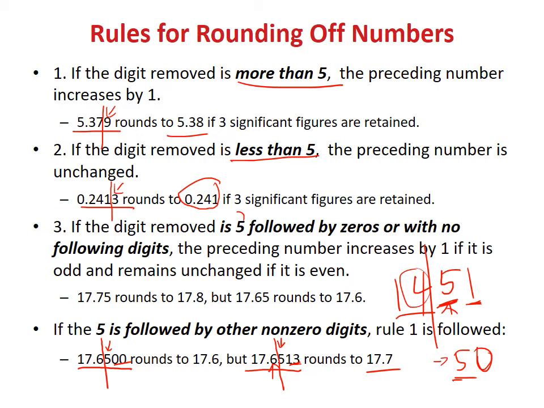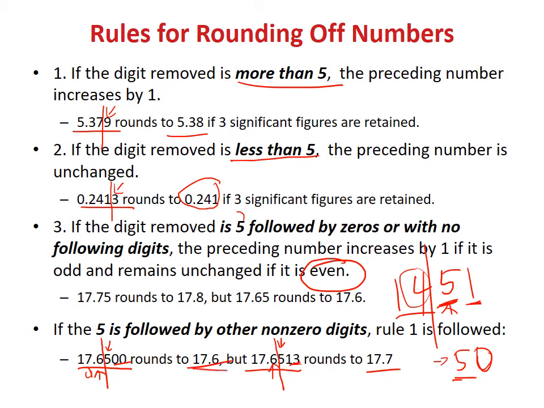At this point, you have to look at the number before 5. Because the number before 5 is 6, and 6 is an even number, the number should be retained, and so you don't need to add 1.